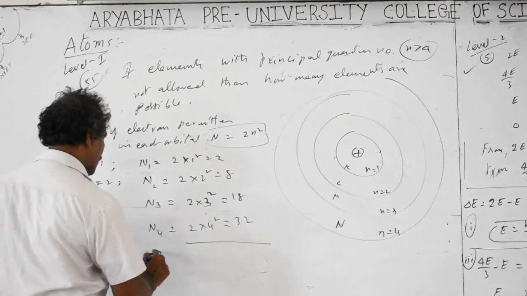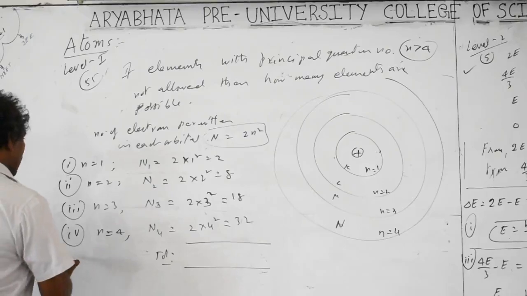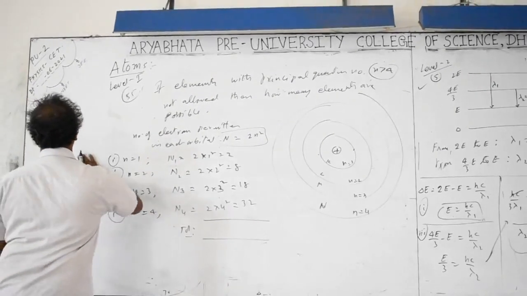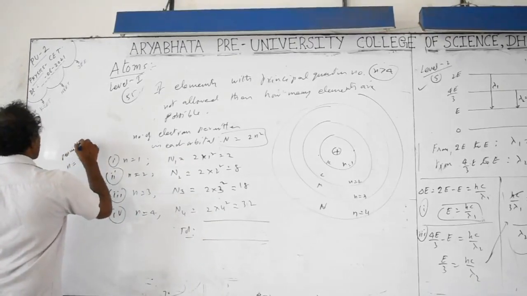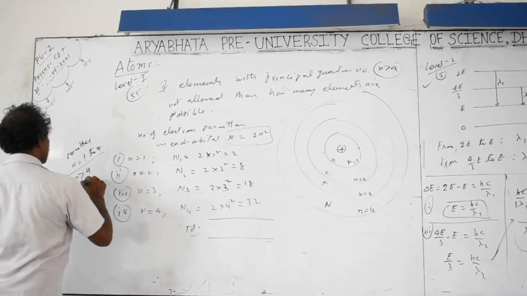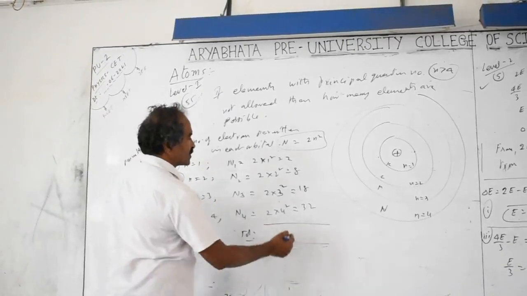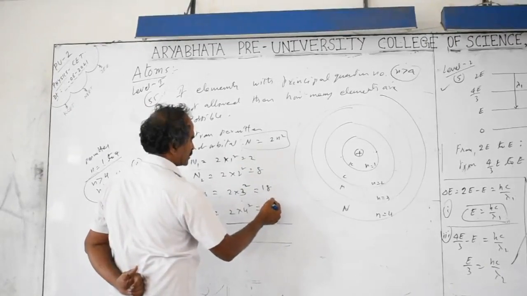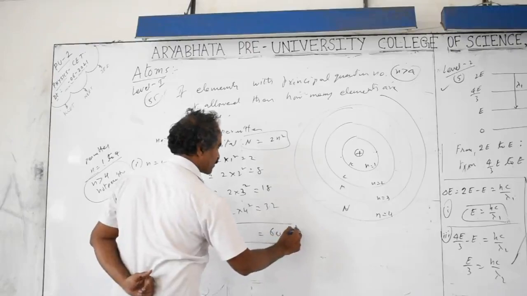So now the total number of electrons possible, because up to n equal to 4 only is permitted, n greater than 4 not permitted, n equal to 1 to 4 permitted. Then the total becomes 2 plus 8 plus 18 plus 32, which is 60. Total number is nothing but 60 electrons possible.